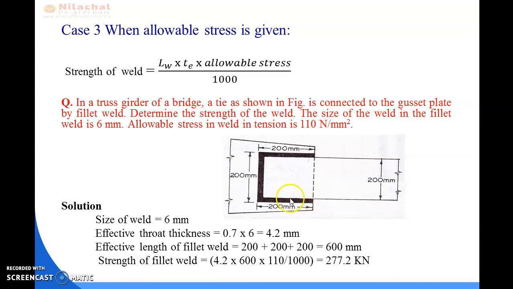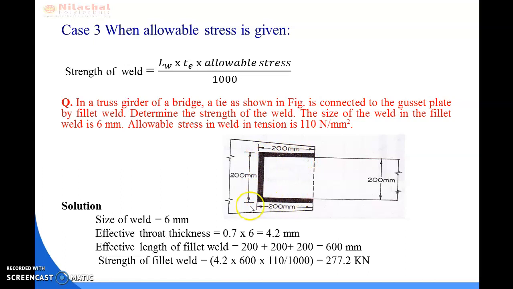Okay, so the total effective length of the weld should be 200 plus 200 plus 200 equal to 600 mm. So we have to sum all these three sides of the welding.